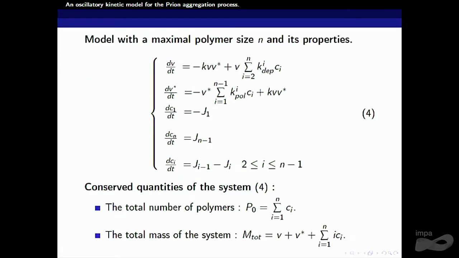Here, we say there is a maximal size of a fibril of size n. It's a bit easier to study because we don't have an infinite system, but a finite dimensional system. And then we also have another conserved quantity, which is the total number of polymers.